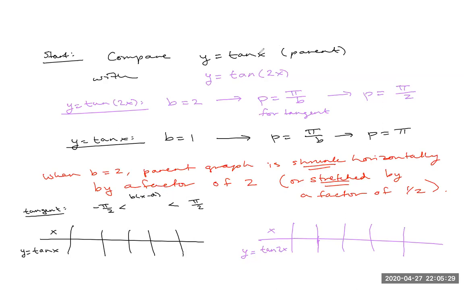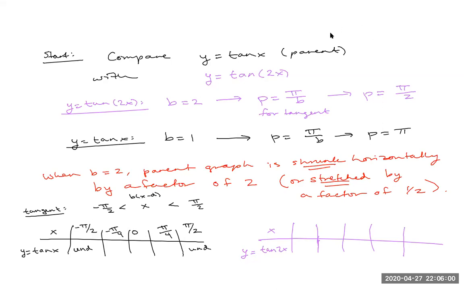Well, b times (x minus d) in this case is just going to be x. So I should have negative pi over 2 and pi over 2 as my end values. That way I get asymptotes here. Okay, and then I'm going to have negative pi over 4, 0, and pi over 4.